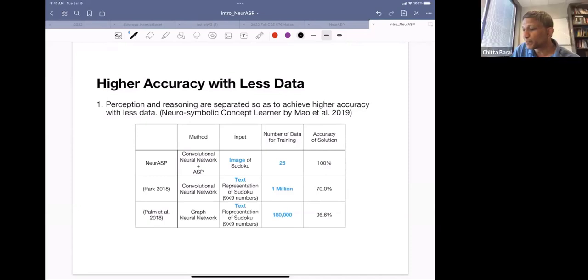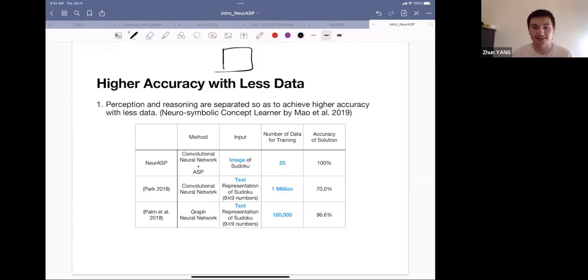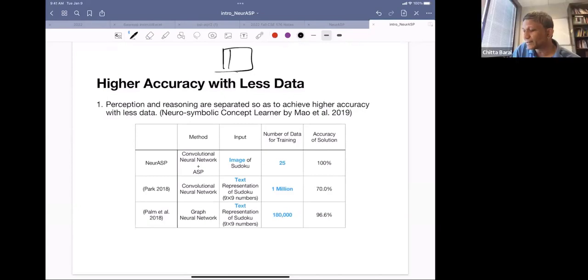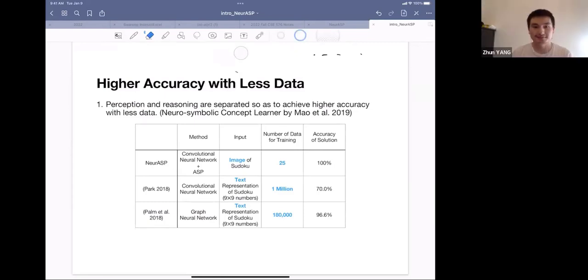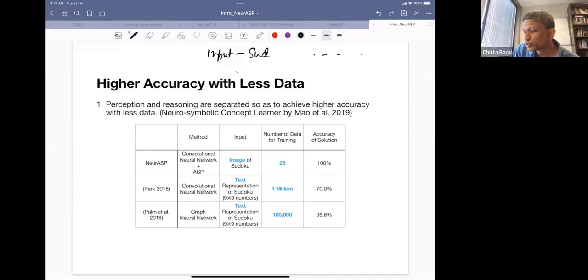So the input is like what you had there, and the output is basically the 81 numbers. Right. Okay, so the input is a Sudoku image, and the output is 81 numbers.